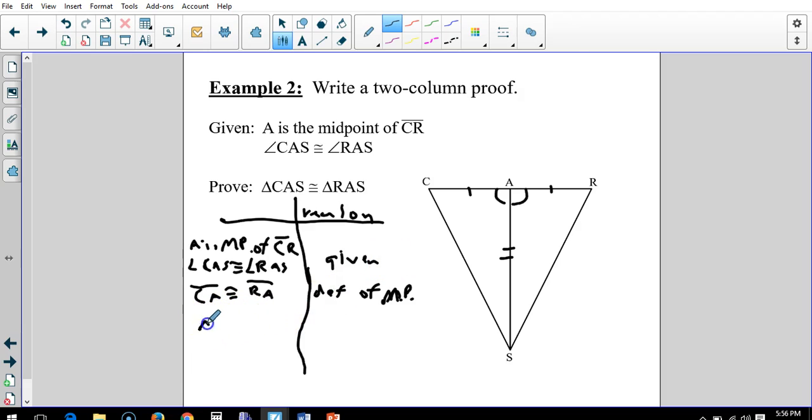And then we say that AS is congruent to itself, and that's our reflexive property. And then what do we have? We have SAS. So we can now say the triangle CAS is congruent to triangle RAS by SAS.